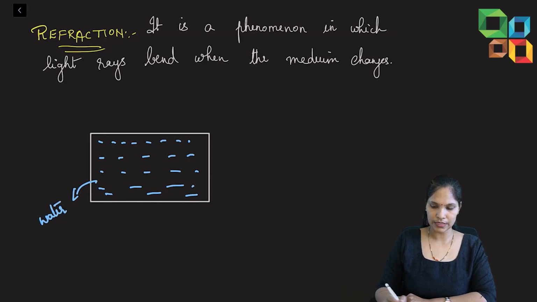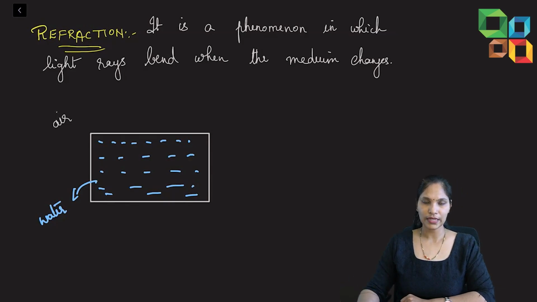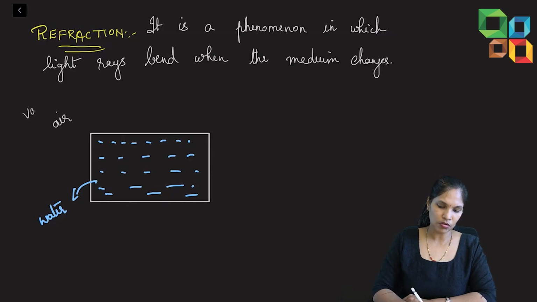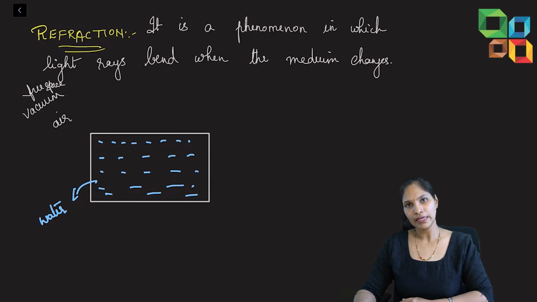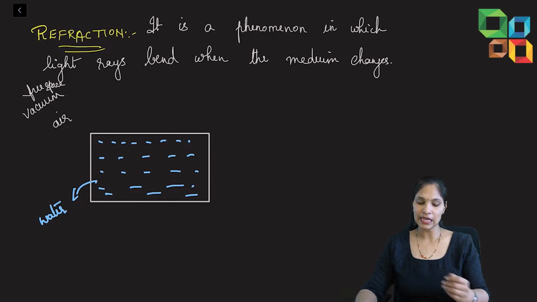And outside, what is there? Let me take outside air. When I say air, I also mean that it is vacuum, or I can even sometimes call it free space. So when I use the word free space, it means vacuum, or I can also use the word air, because air and vacuum are not exactly the same.